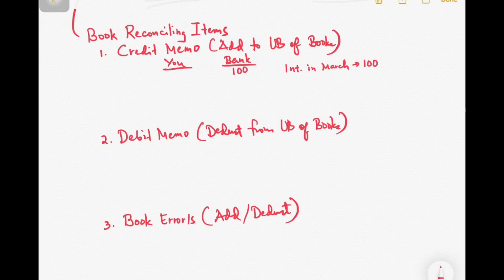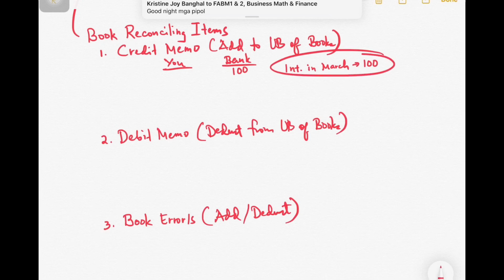But the problem is, in March, you may not be informed of this yet because you will only learn of this once you receive your bank statement next month, April. So in March, you don't have any records of this.